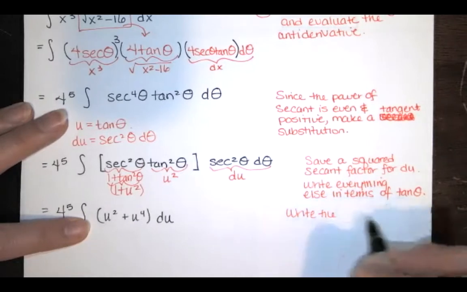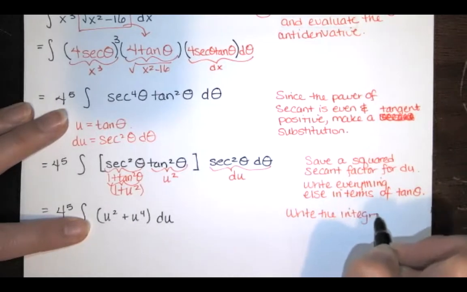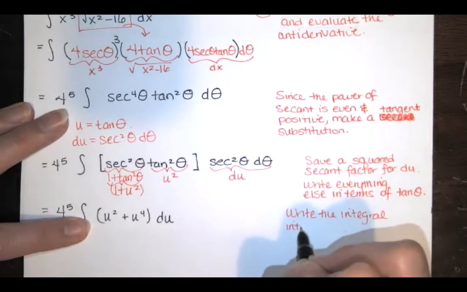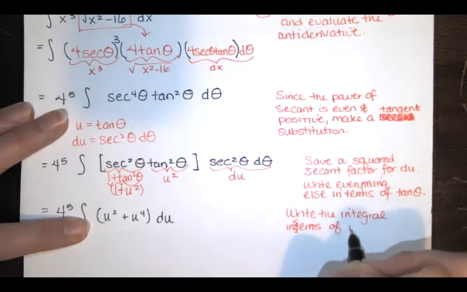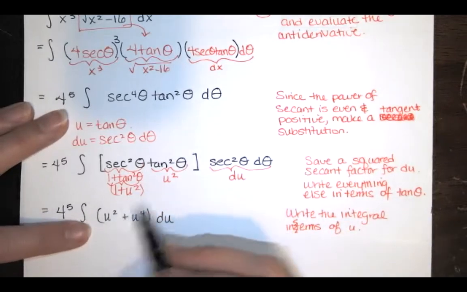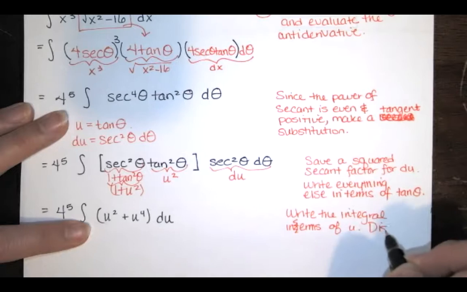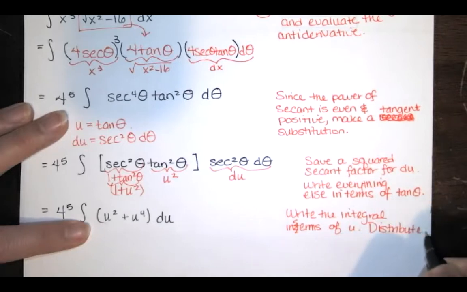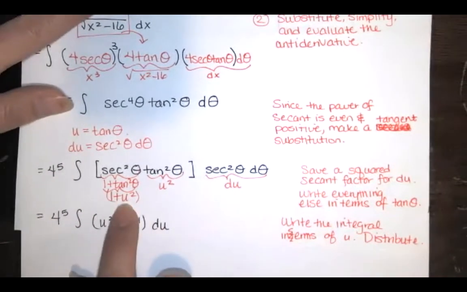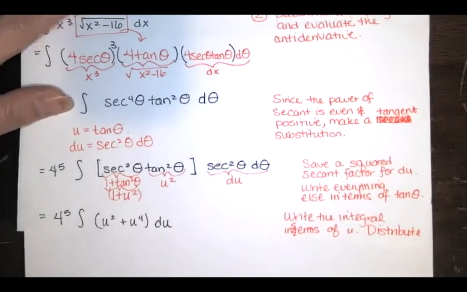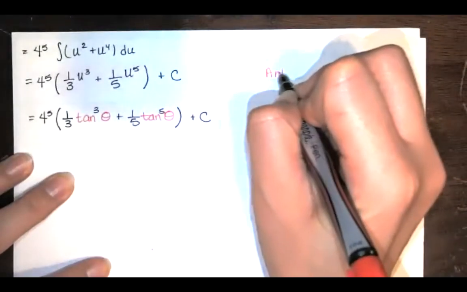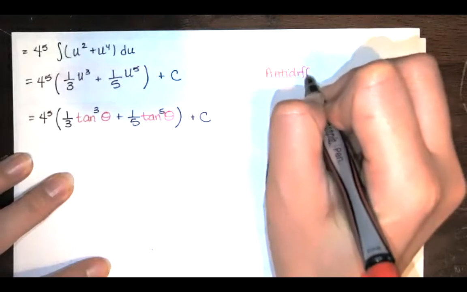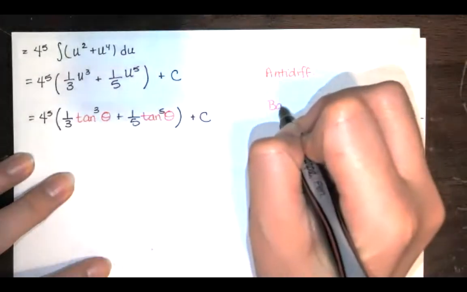So we write the integral in terms of u. And then we distribute. u squared times the quantity 1 plus u squared led us here. And it was pretty straightforward. We anti-differentiate using the power rule. And then we back substitute.